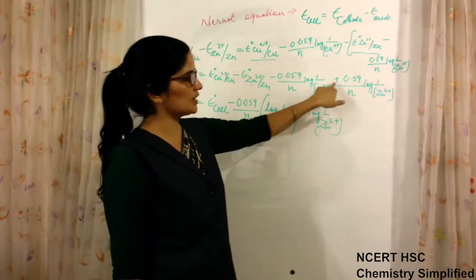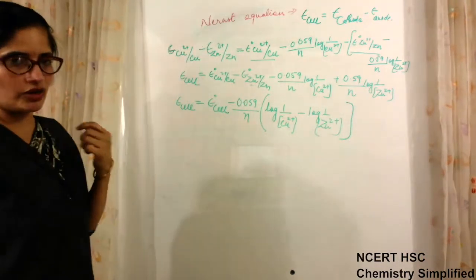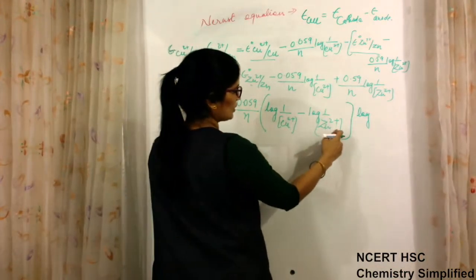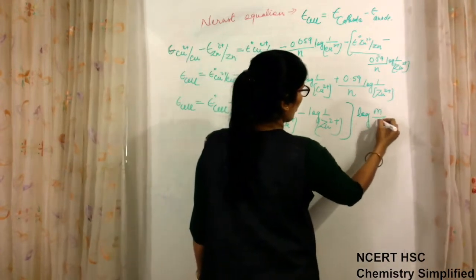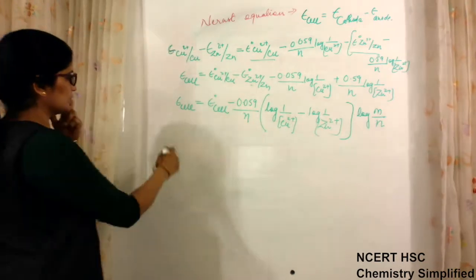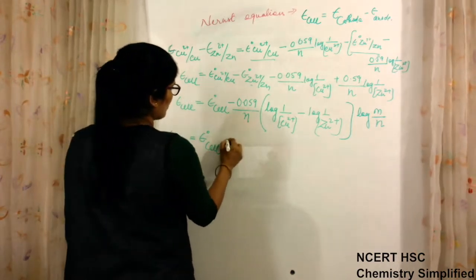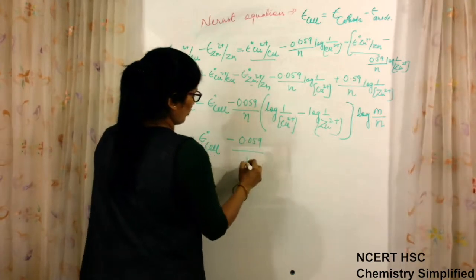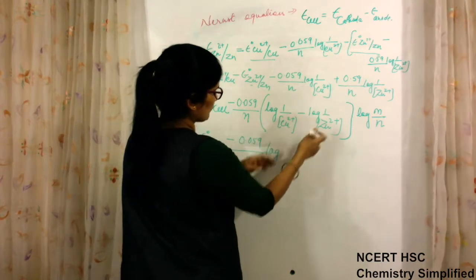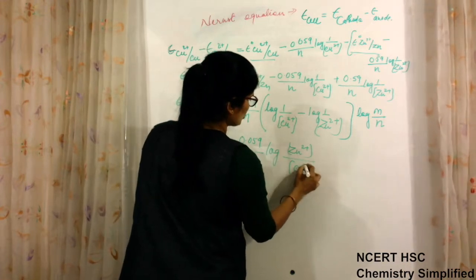So minus and minus again will become plus if we solve it. Now log m minus log n is log m upon n. So we can write this as E cell is equal to E standard cell minus 0.059 upon n log of this upon this. So when this is inverted, it will become Zn2 positive upon Cu2 positive.